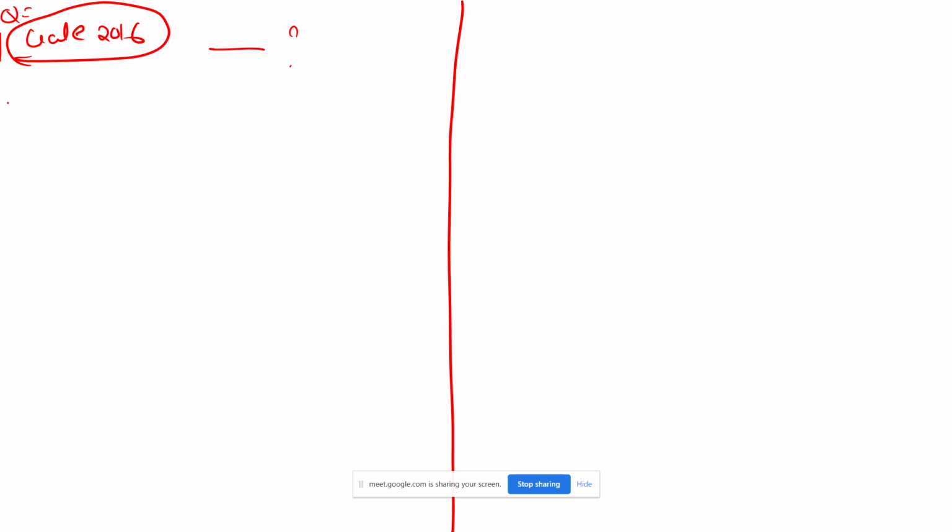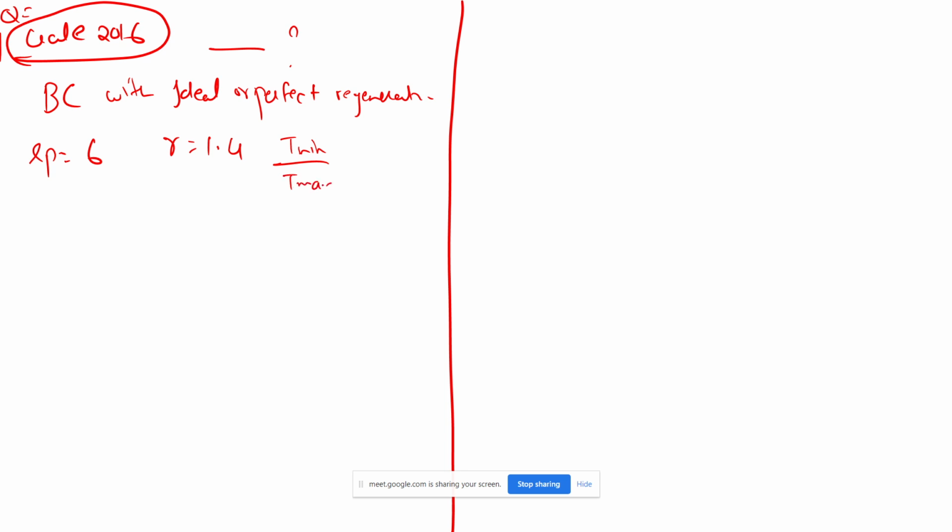In a simple Brayton cycle with perfect regeneration, perfect regeneration means ideal regeneration, the pressure ratio Rp is 6, the value of gamma is 1.4, and the ratio of T minimum to T maximum is 0.3.